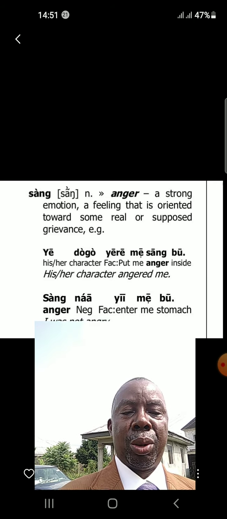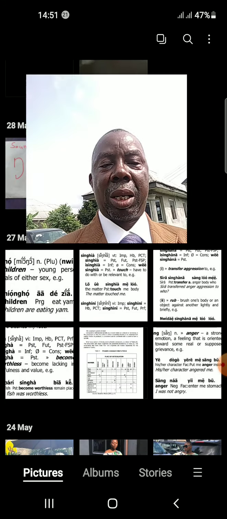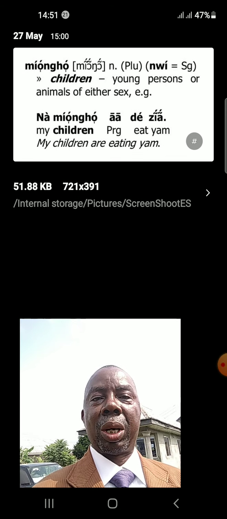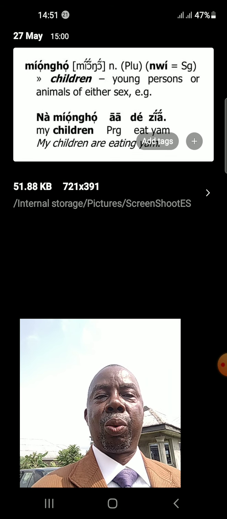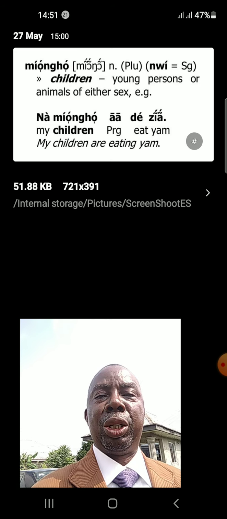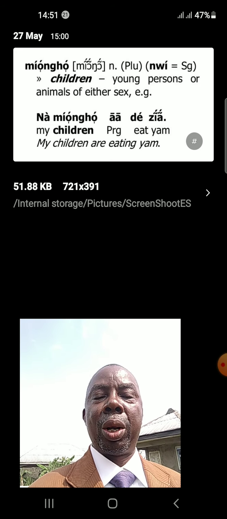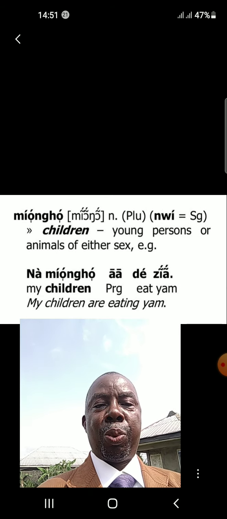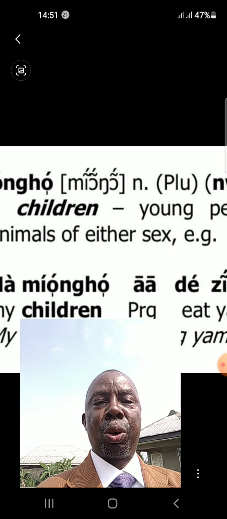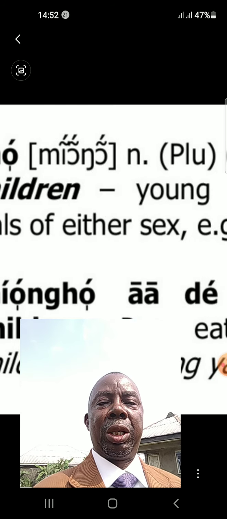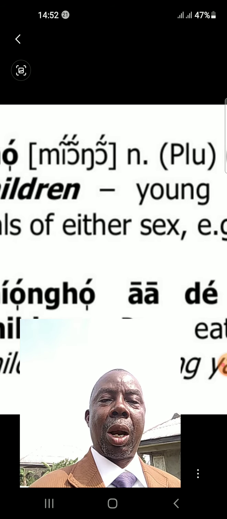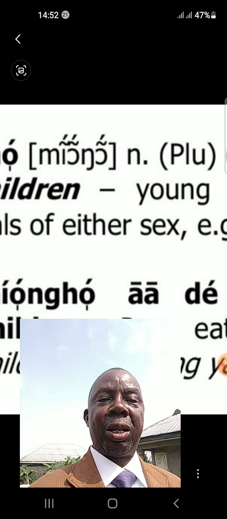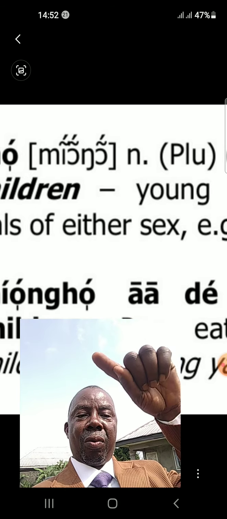So now again, let's take a look at another word. In this case, we are looking at the word myongo, M-I-O-N-G-O. In the past, people would write myongo in this form with a reversed C and with the velar nasal sound, nge, which is an N with a curved tail.